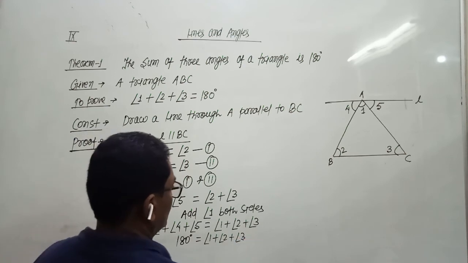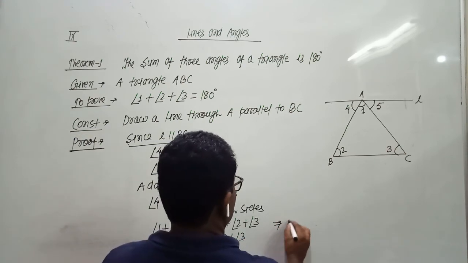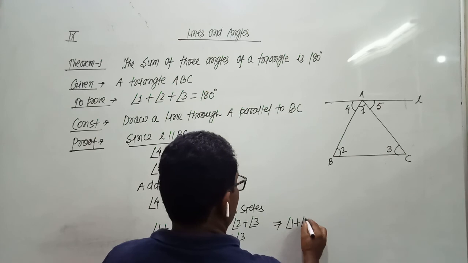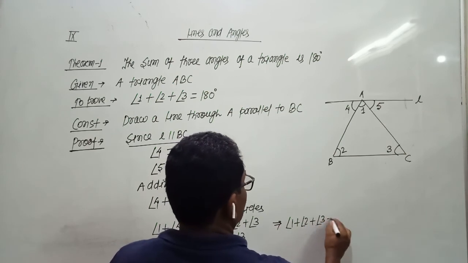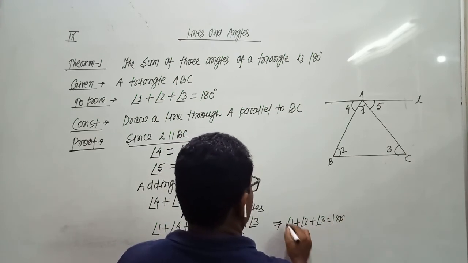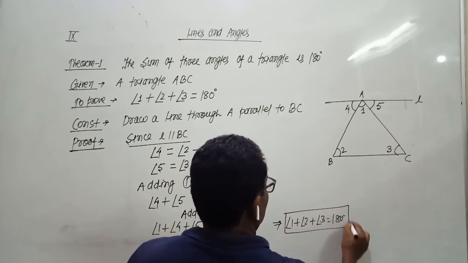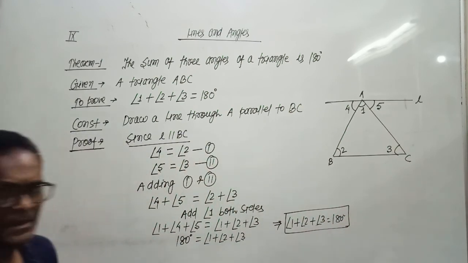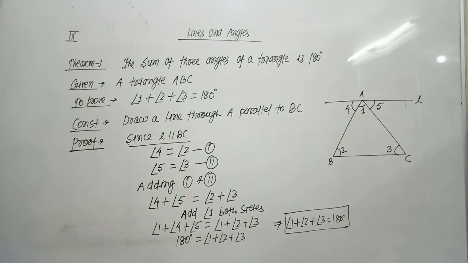This implies angle 1 plus angle 2 plus angle 3 equals 180 degrees. So this proves the theorem: the sum of three angles of a triangle is 180 degrees.